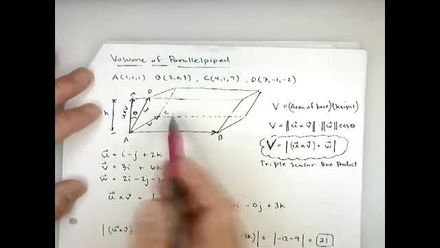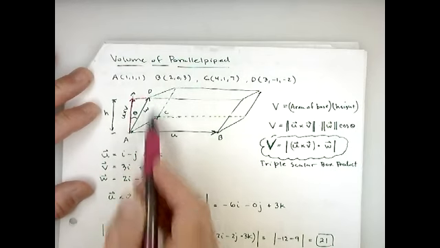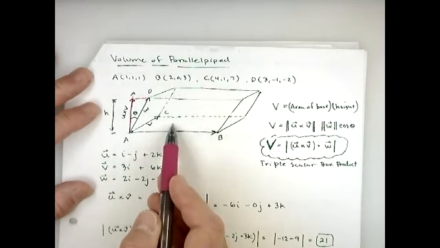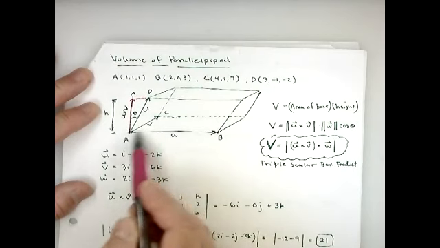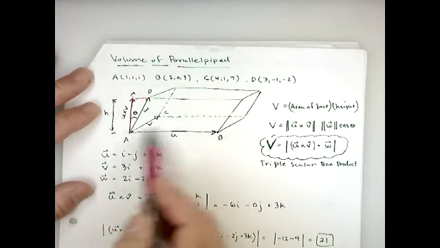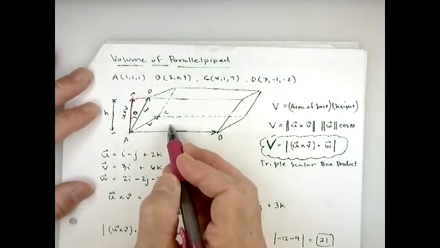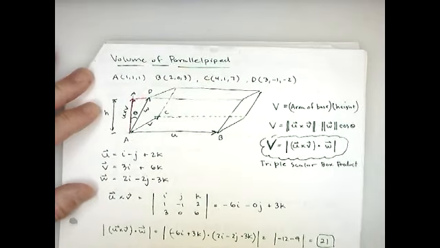So that has some legitimate volume. If, for example, in my picture, point D actually lied in the plane of A, B, and C, then there wouldn't have been any height to this box, right? I could still run the numbers, I could still talk about a vector W, but if point D had been right there in the plane, what would my volume have been? My volume would have been 0.